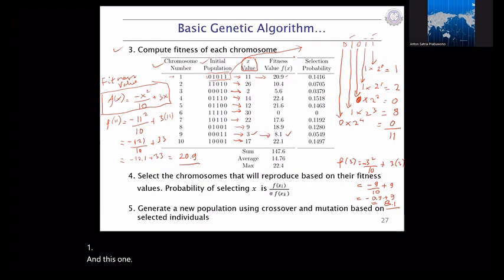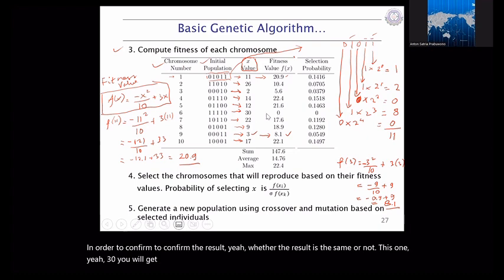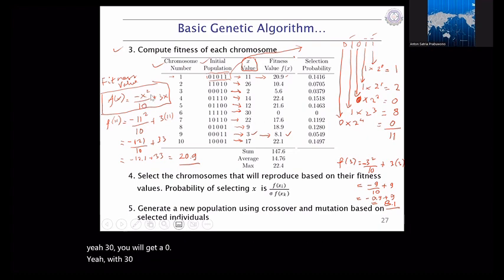So you can check all these numbers in order to confirm whether the result is the same or not. This one, 30, you will get a 0. Here the result is 0.